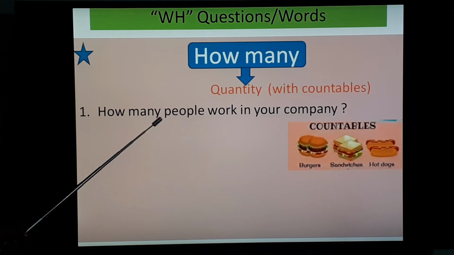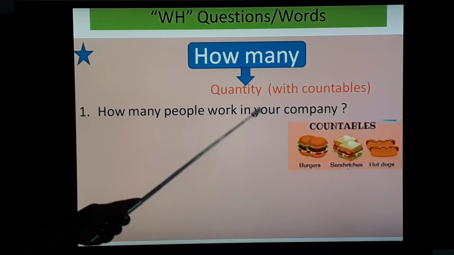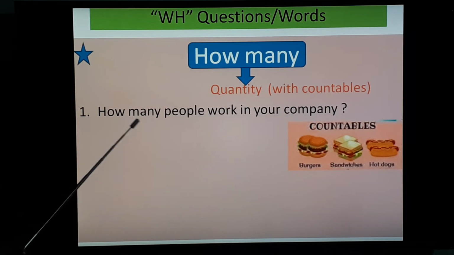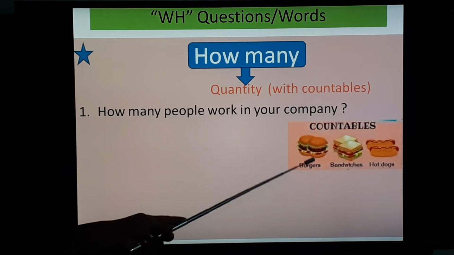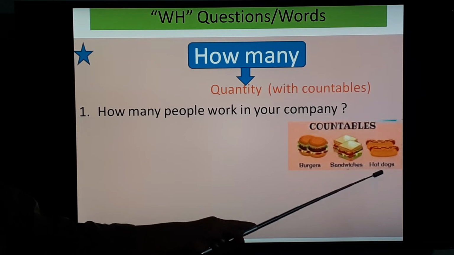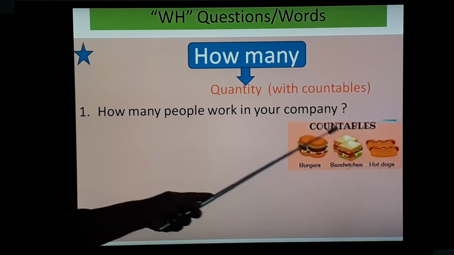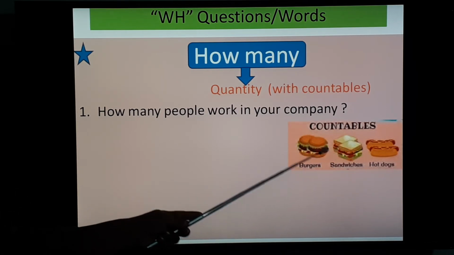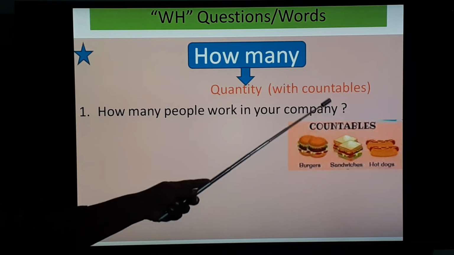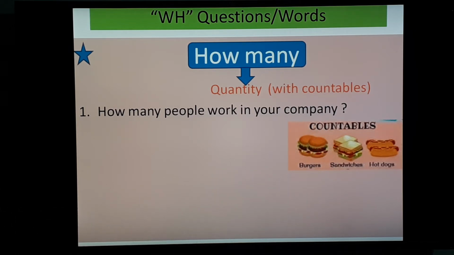If I answer, I would say 20 people work in my company. So 20 people can be counted. That is why I have asked the question with how many. Here also you can see in the picture, burgers, sandwiches and hot dogs. All these are countable nouns, which can be counted.